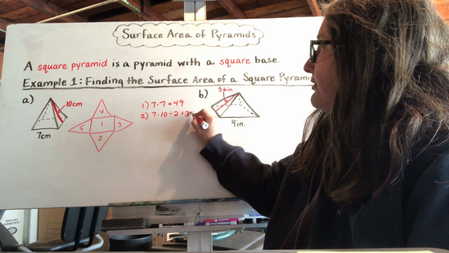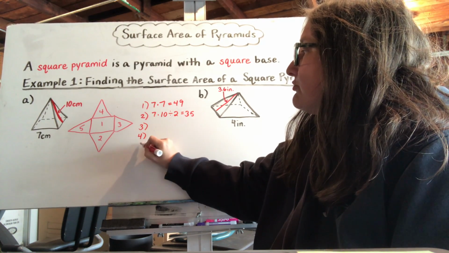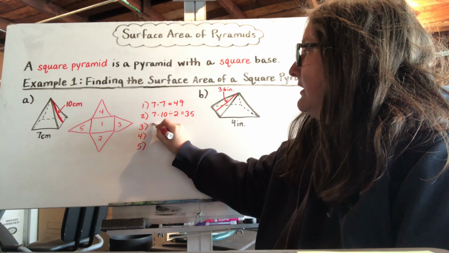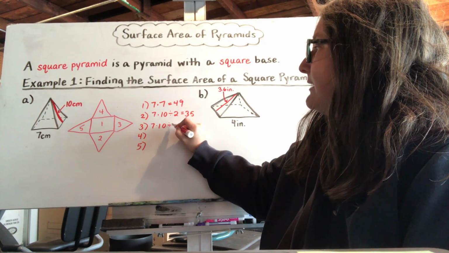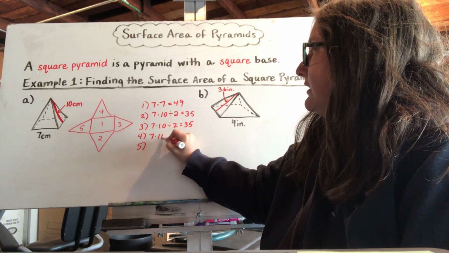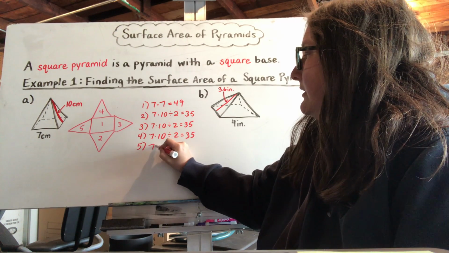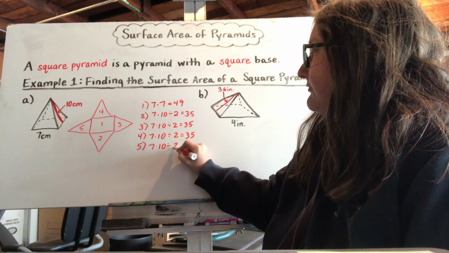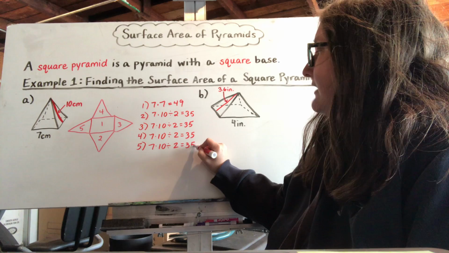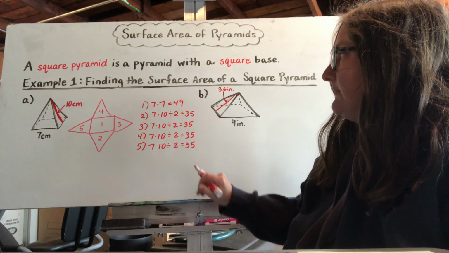That gives me 35. Now since every single triangle is identical, I'm basically doing the same formula for every single triangle. The last thing I have to do is find the sum of all of these sides, because surface area is the sum of all of the sides.